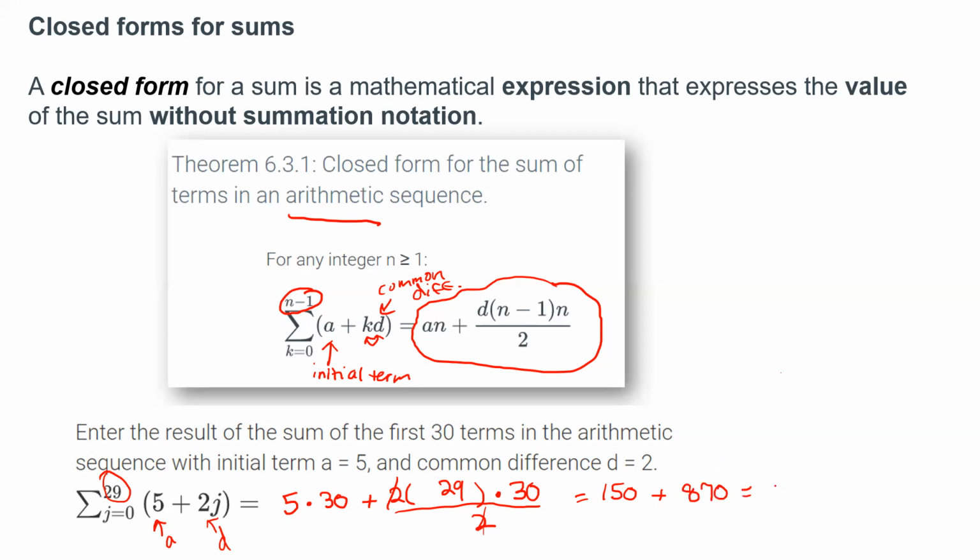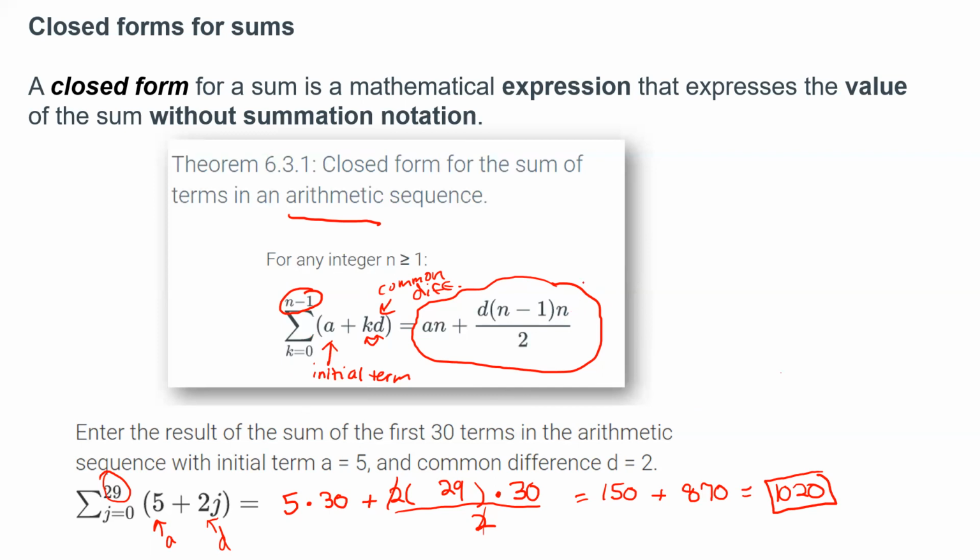So we end up with 1020. Okay, so 1020 is the answer here. And we found that by using this closed form as opposed to having to add up those 30 different terms. Okay, so that's what a closed form is. So that's the closed form for the sum of terms from an arithmetic sequence.